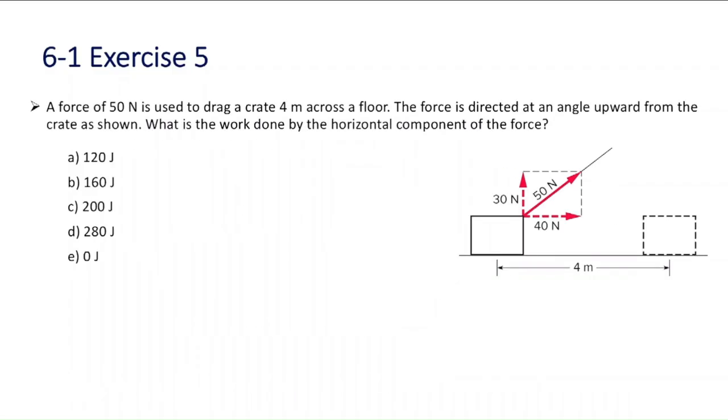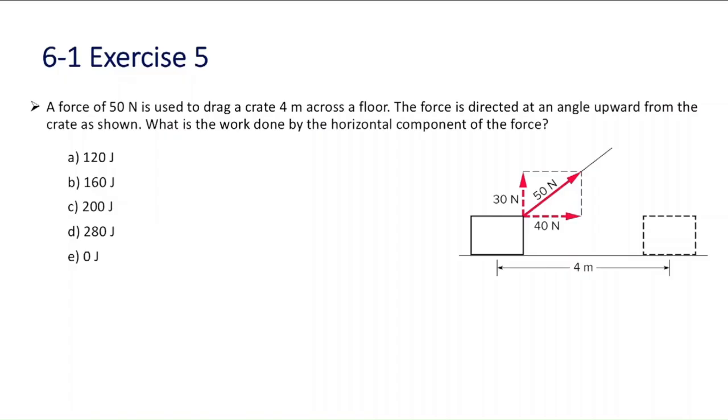Now let's try a real calculation. A 50 Newton force is used to drag a crate 4 meters across a floor. The force is applied at an angle upward from the horizontal, like in this diagram. So our question is, what is the work done by the horizontal component of the force?